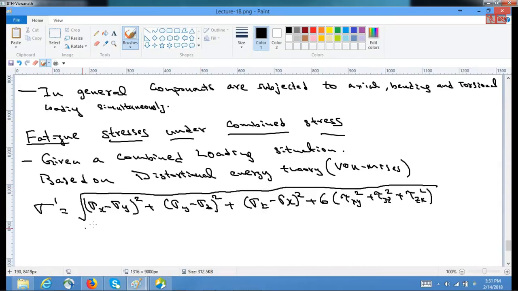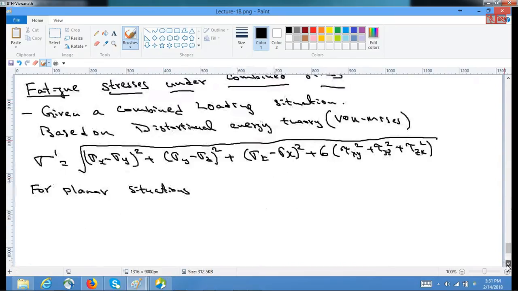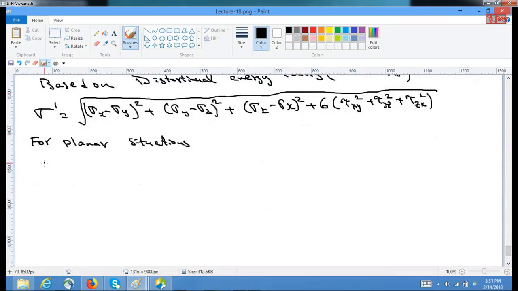Similarly, for planar situations, this gets simplified to sigma x square minus sigma x sigma y plus sigma y square plus 3 tau xy square.